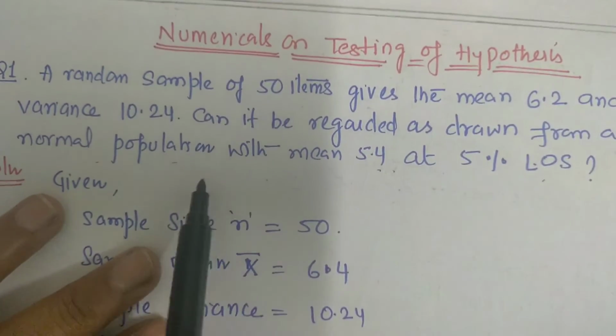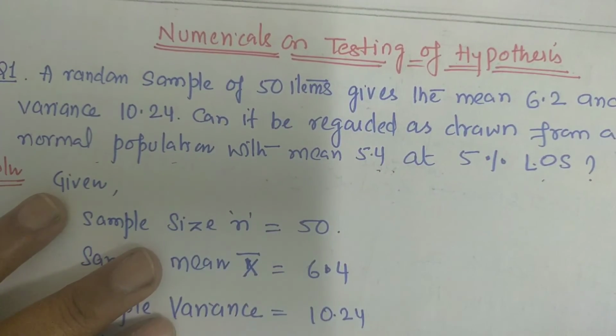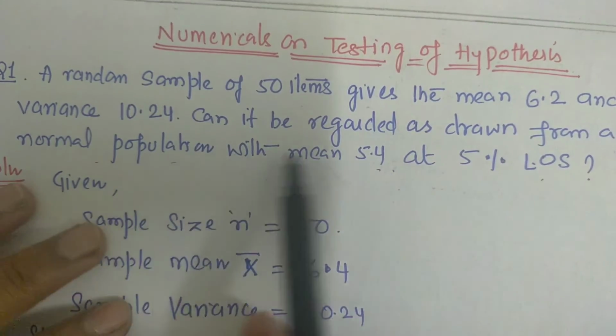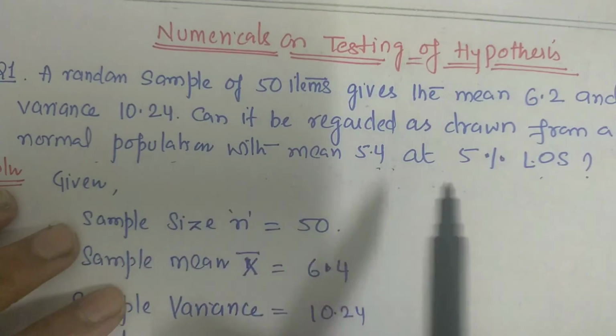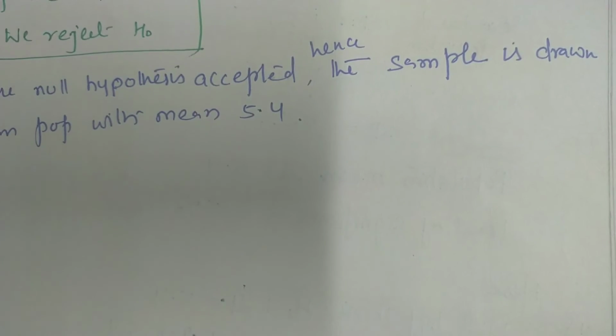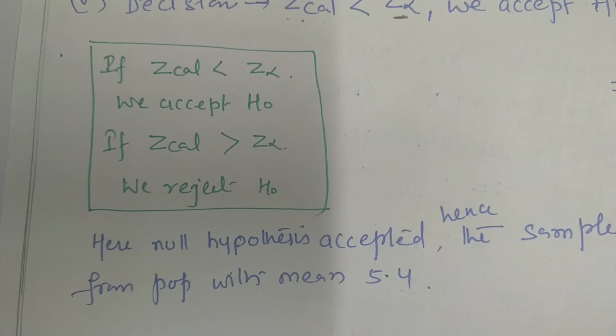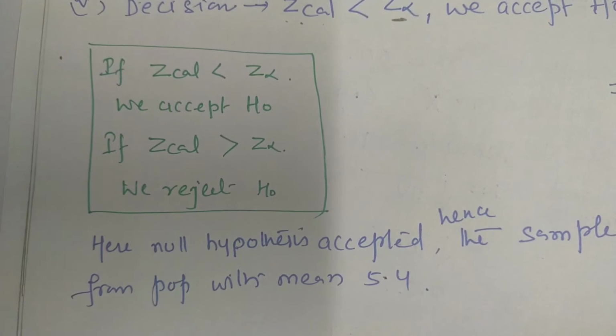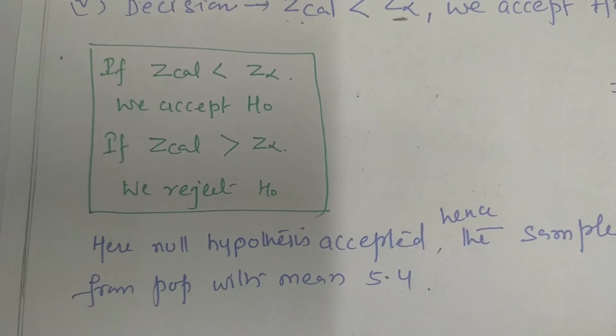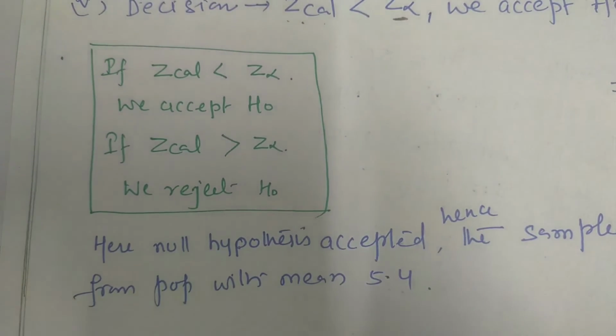The original question was this only: can we say that the sample was drawn from the population? So yes, we can say that the sample is drawn from the population. So like this only you will get the question. One more I'll show you, so then you can solve more questions from the book.